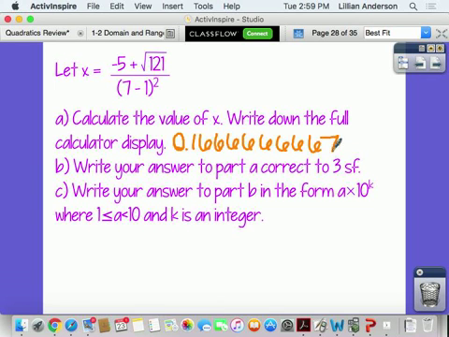And then a 7? Okay. So you write down the full calculator display. And it says, write your answer to part A correct to 3 significant figures. What would it be correct to 3 significant figures? 0.167. Then it says, take your answer to part B and put it in the form of A times 10 to the K, where all the stipulations apply.